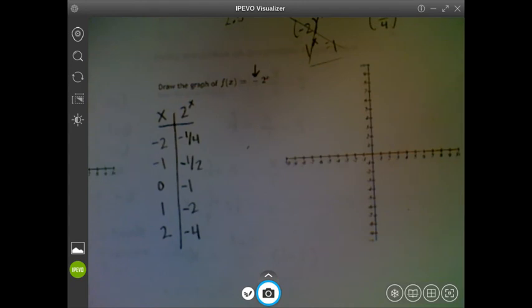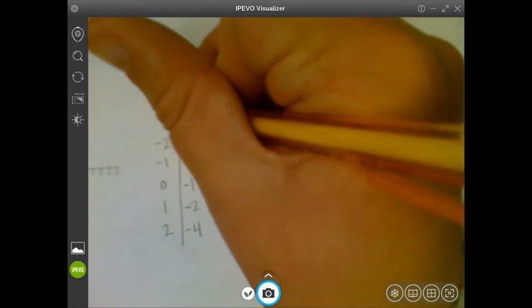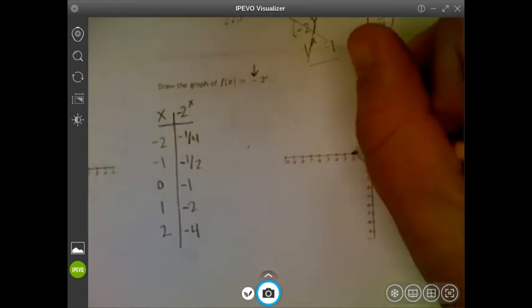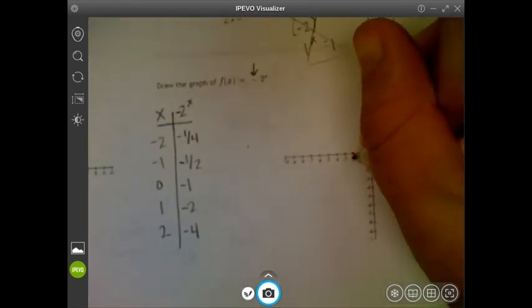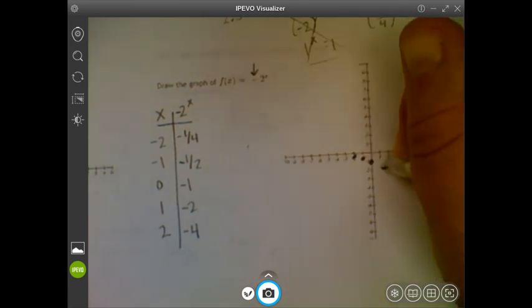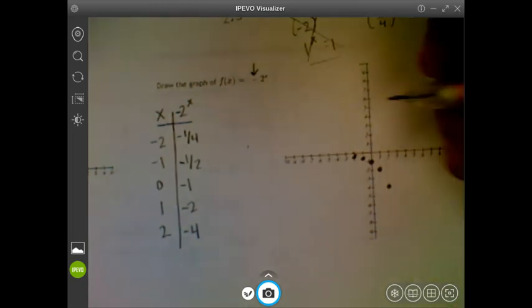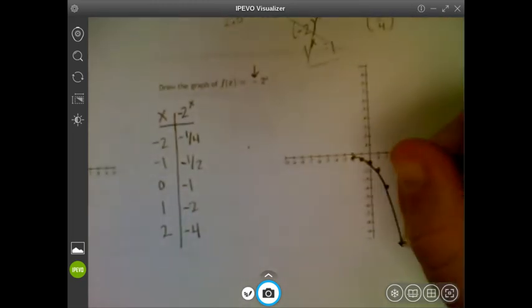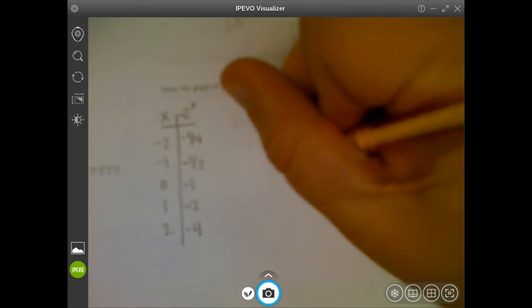It is still considered a growth, but there is a reflection happening here. All right, so plotting these, we would have negative 2, negative 1/4, negative 1, negative 1/2, 0, negative 1, 1, negative 2, and 2, negative 4. And it would look like that.